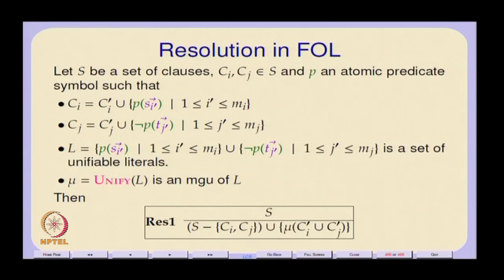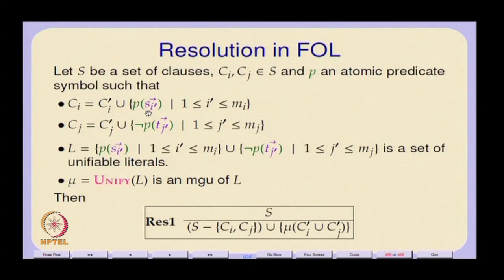So, here what are we doing now? We have a set of clauses S and we choose two clauses Ci and Cj. You choose them such that they have some common atomic predicate P occurring in them, such that in one of them P occurs in positive form over some terms.